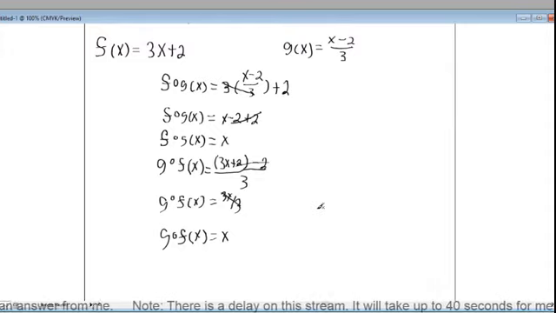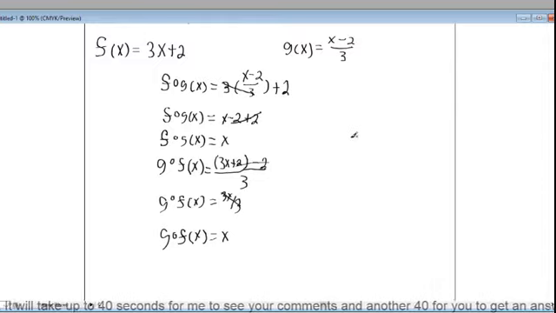So this is actually a nifty way that you can check and see if two things are inverse functions. If you compose these functions of each other and everything cancels and just gives you x out, nothing else, just x, then they're inverse functions. And again, that's because inverse functions do the opposite of each other.